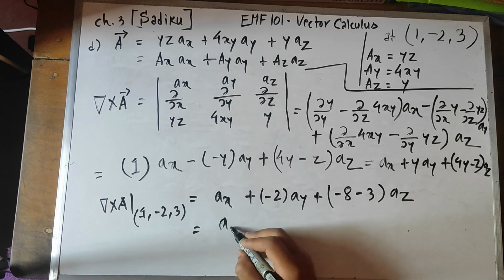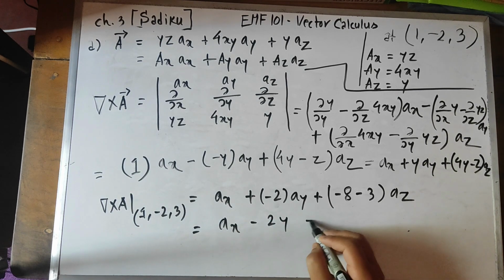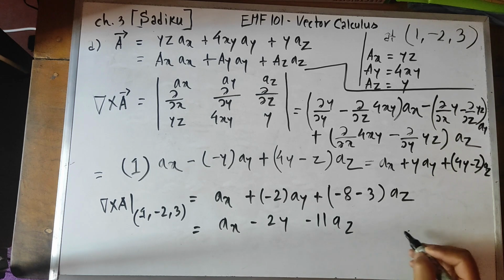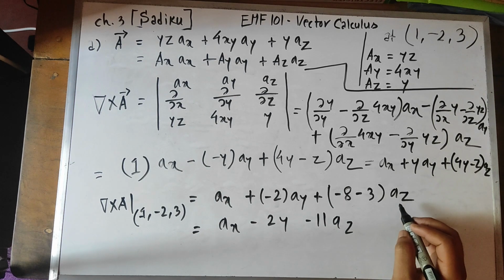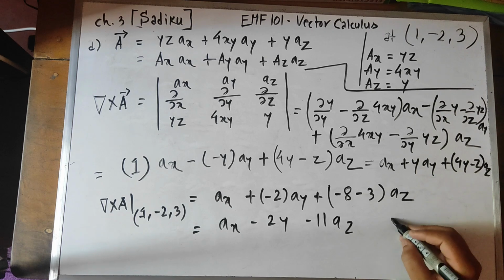This is ax minus 2 ay minus 11 az, and that's the answer.